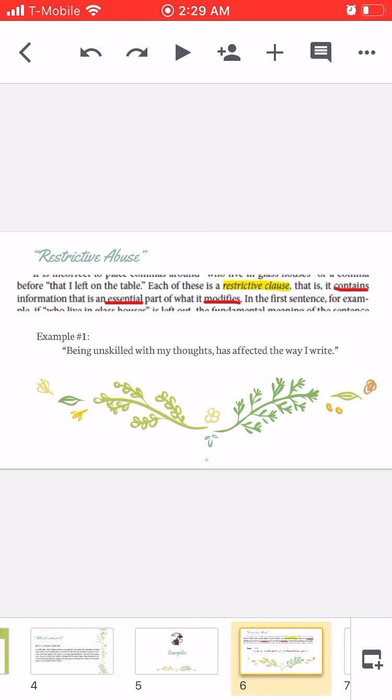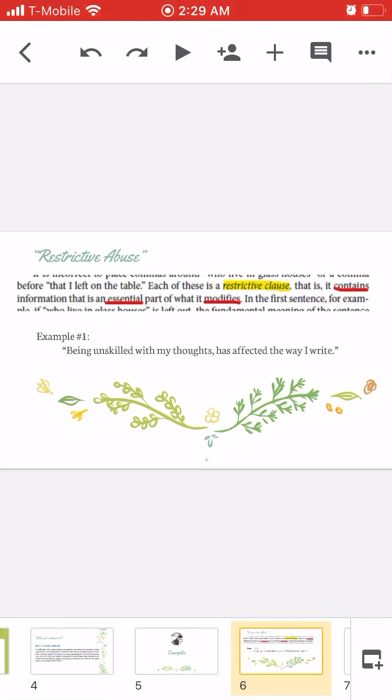Also, you're not actually understanding how and why my unschooled thoughts are affected and what it is affecting, because actually there are two dependent clauses here, which creates a fragment.